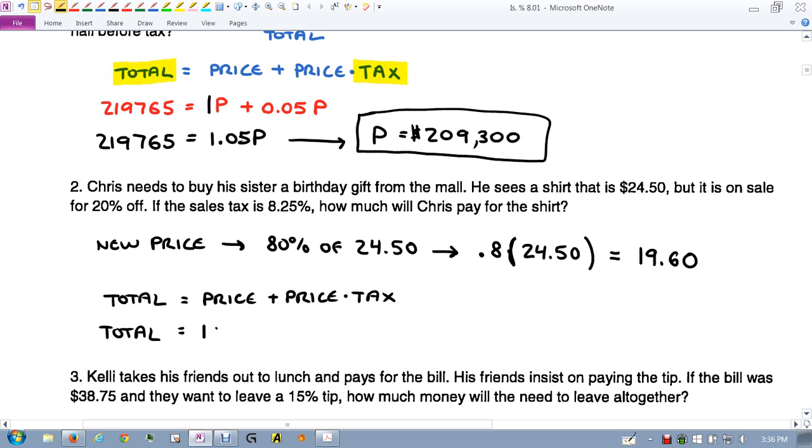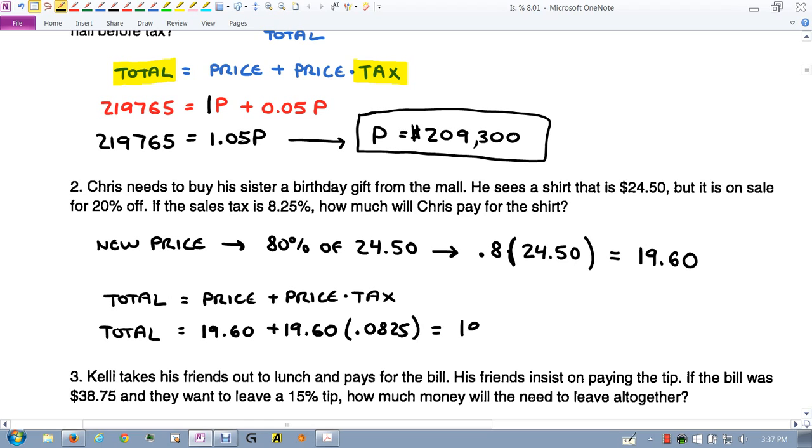It's $19.60 plus $19.60 times the tax. What's the tax? 8.25% converted to a decimal is 0.0825. And what operation do you do first? Multiplication. The 19.60 times 0.0825.